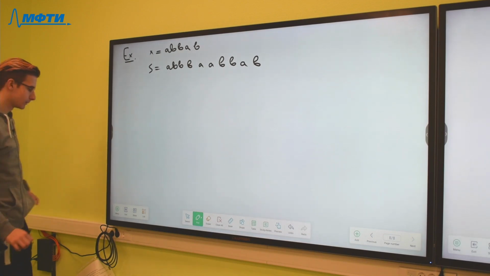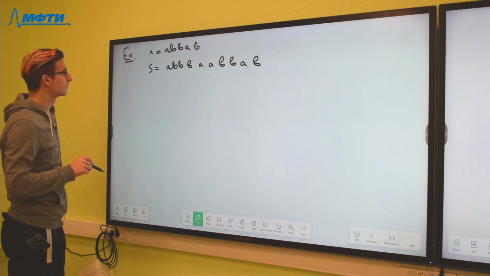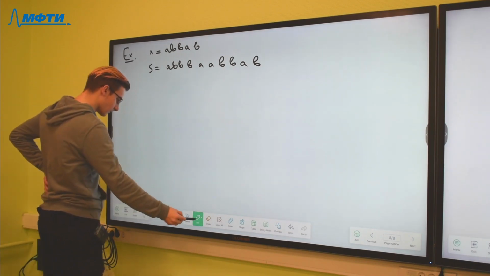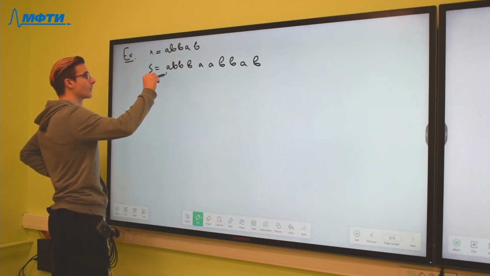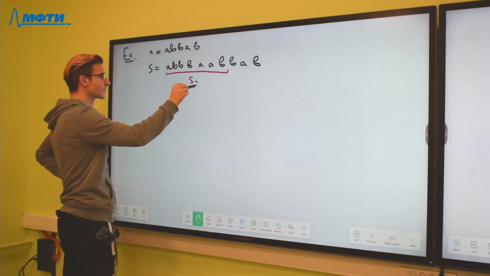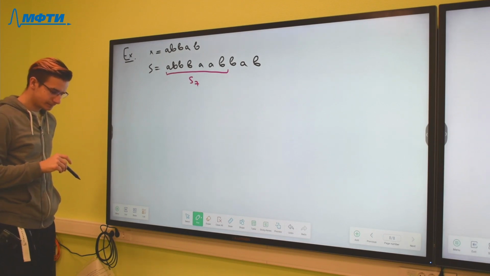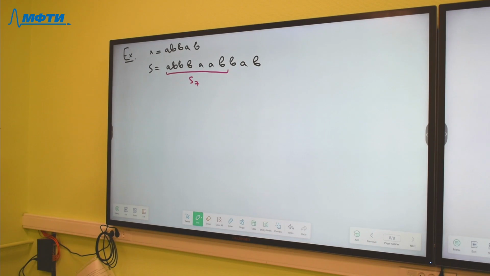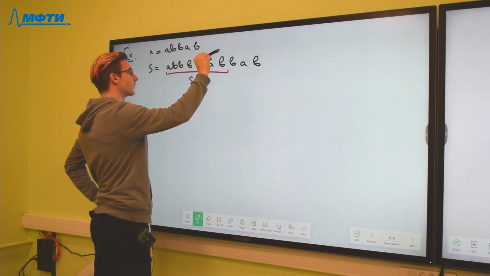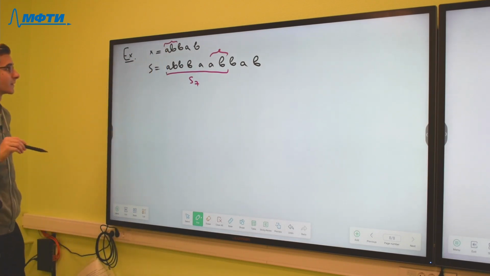then I want to say that for all, for example, if we set s with an index, the prefix of this string, for example, this is s7, we can make an additional task: to find the maximal suffix of this string that is equal to a prefix of the string x.